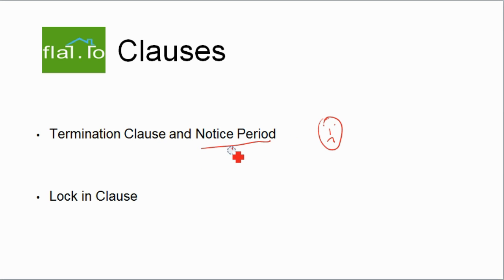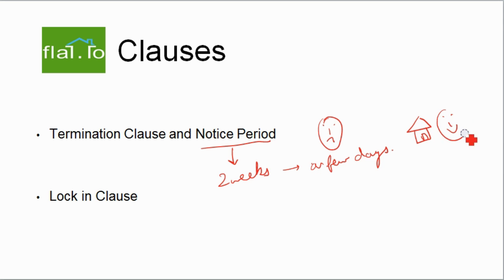A notice period may be from 2 weeks to a few days. This is given to you to find out a new home to live in, so that you don't have to spend a lot on hotels and everything, and you can get a new place in these notice period days.